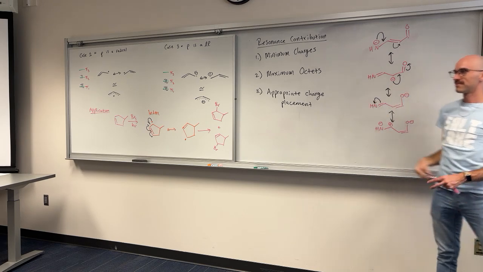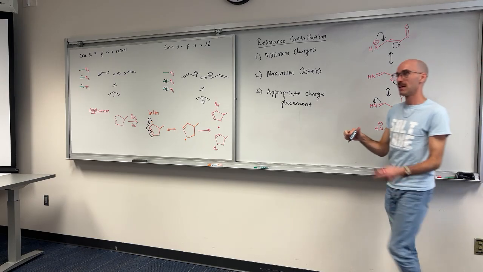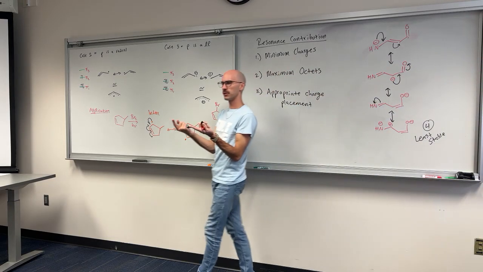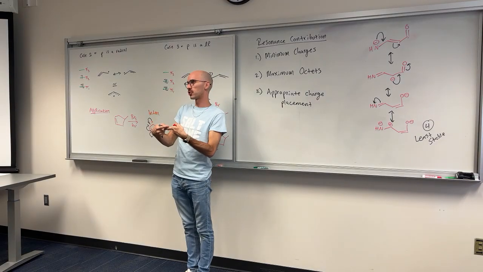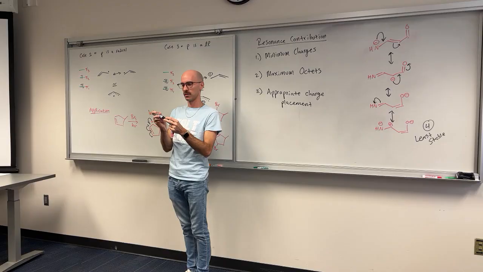Okay, so opposite. Good. We don't want to look like that. This is our least major contributor. This is our least stable form. We don't want that positive and negative. Because if we have a positive and negative next to each other, we probably could just have them bond and not have any charge. And that's what we want to do.